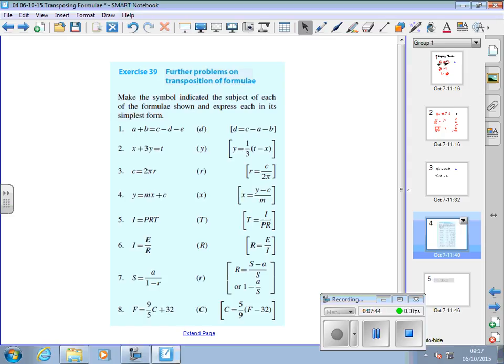I'm not sure where, but you'll find it, the chapter on transposing formulae. Again, solutions are up here on the website, maths@lowestoft.college. So if you look at these exercises and you get stuck on one, you'll find I've done a video of the solution. And what I nearly always do if I do the solution is give you another one to try, like it, so that you can practice it.